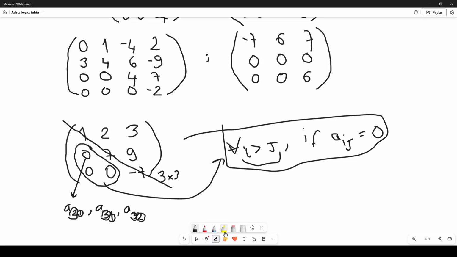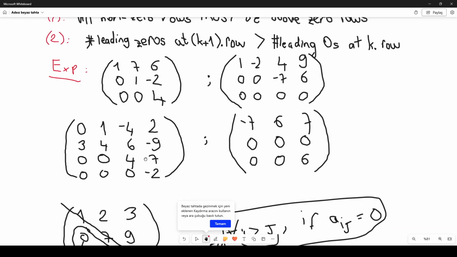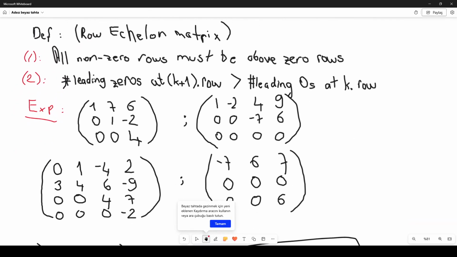Let's define technically what a row echelon matrix is. If a matrix is a row echelon matrix, then it needs to satisfy the following two properties. In other words, a matrix is said to be a row echelon matrix if both of these two properties hold.